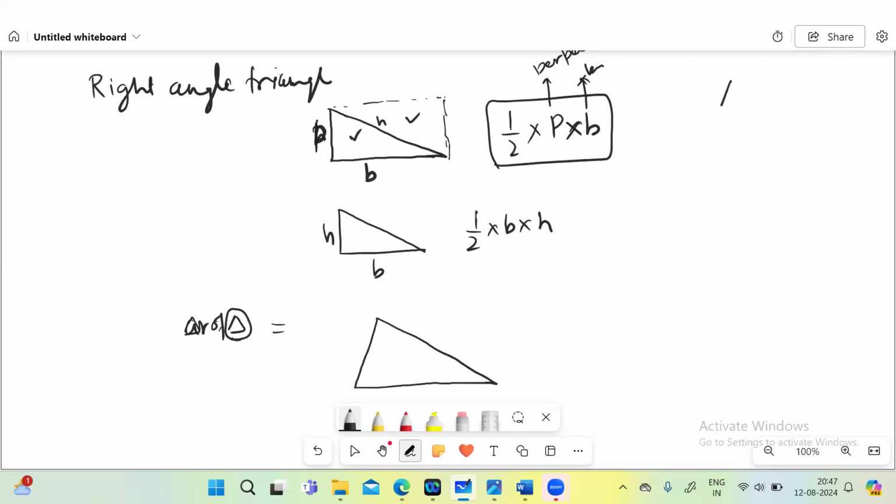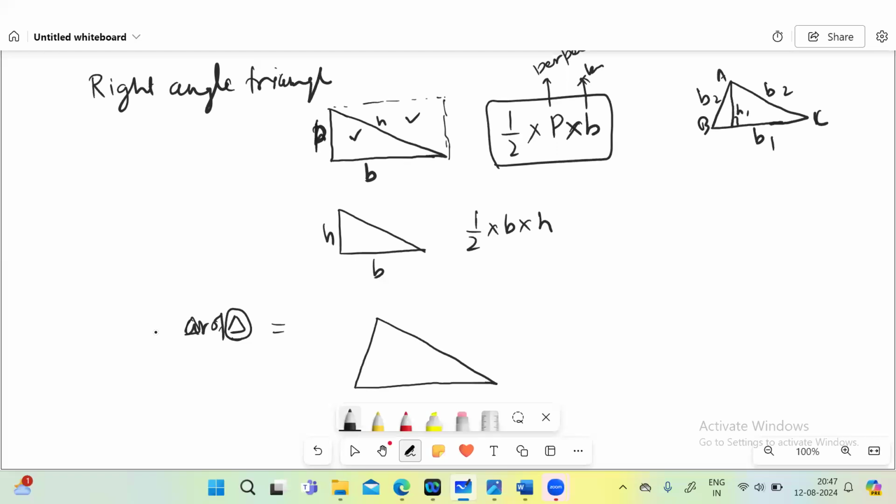Let me draw heights for all the three sides here. If this is a triangle, and this side is called base 1, this is called base 2, and this is called base 3, then a height which is drawn from point A to base 1 will be called h1, height 1.